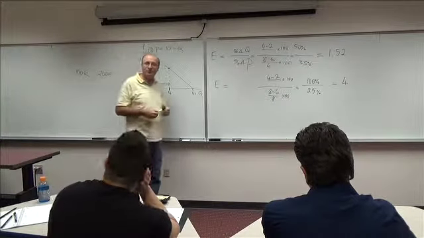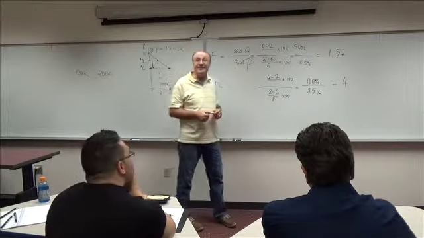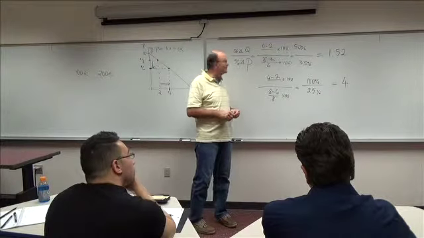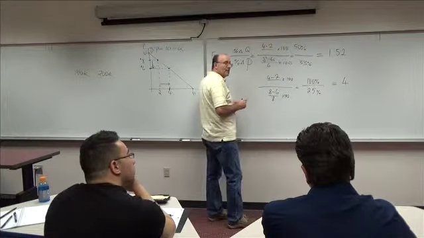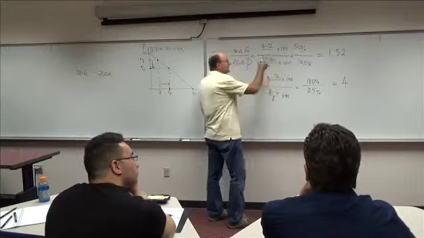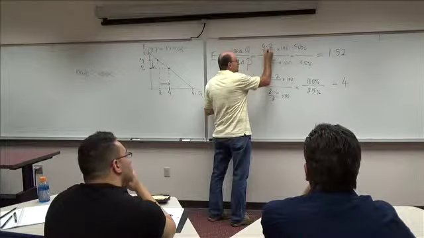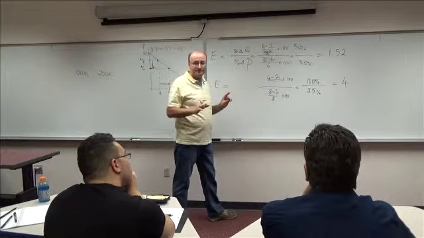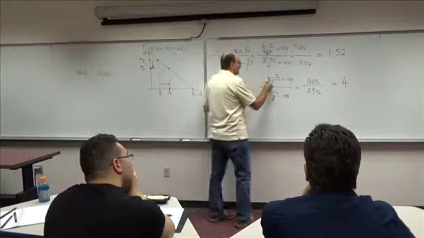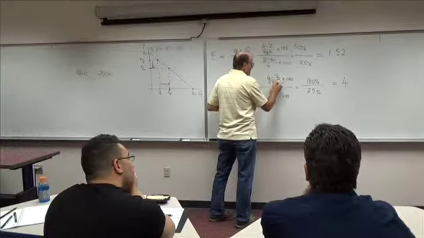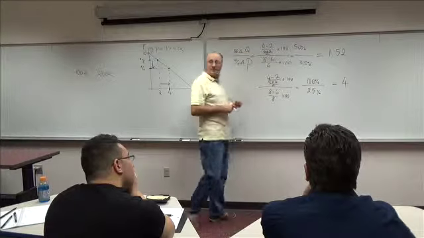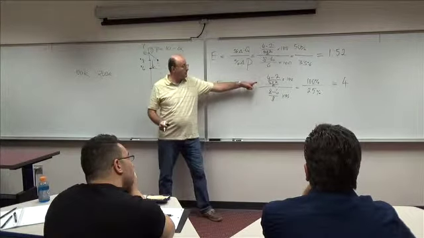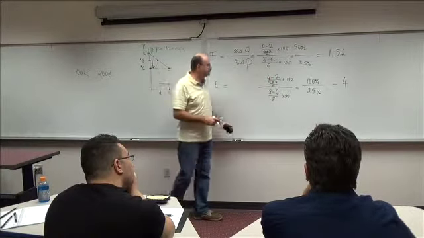But what is the average of 4 and 2? It's 3. How did you get it? Add them up and divide them by 2. So it's 4 plus 2 divided by 2. Correct? In other words, we're calculating the average.